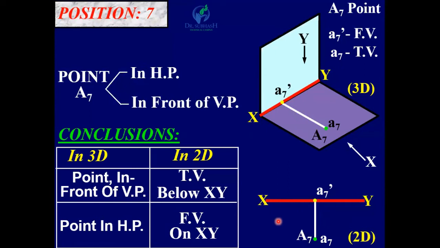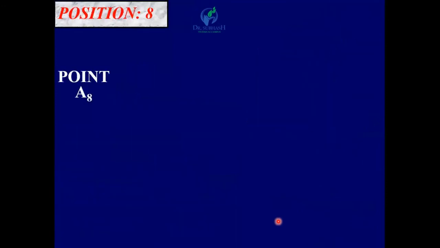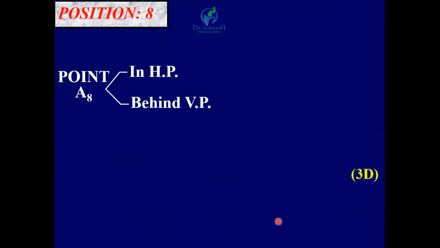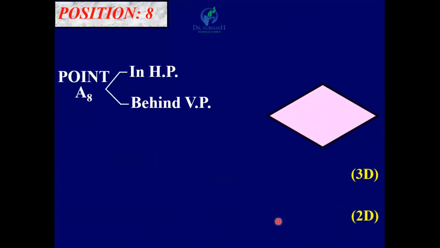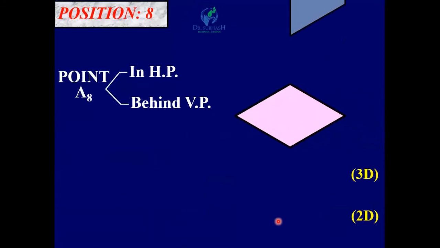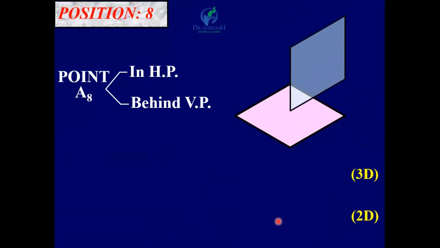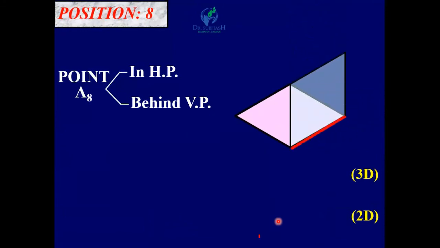Okay. Now let us see next position, position 8, point A8 in HP behind VP. So point A8 is on HP and behind VP. So original point A8 is above XY line.